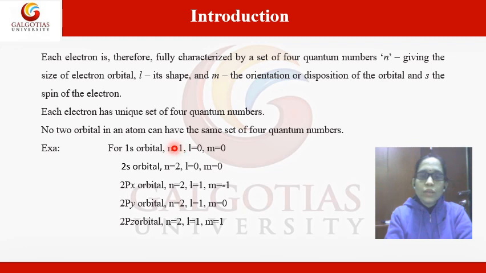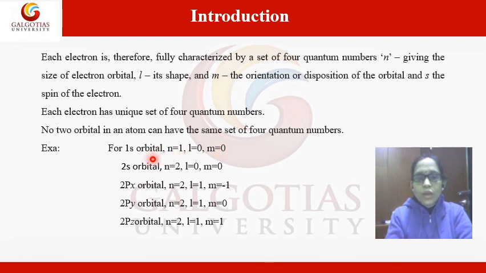So for 1s, n is equal to 1 and l is equal to 0. What is the value of m? The m value depends upon the value of l. The m value varies from minus l to plus l, so here it is 0. There is only one value of m, that is m is equal to 0.